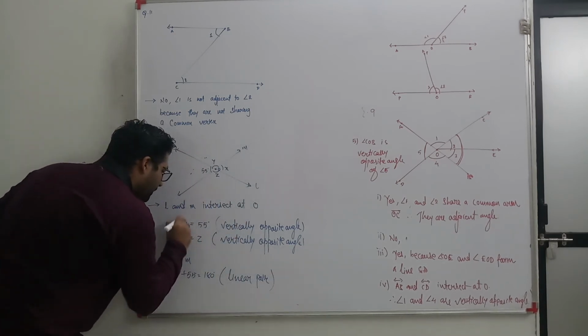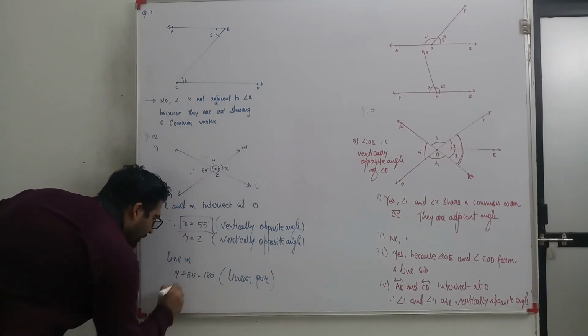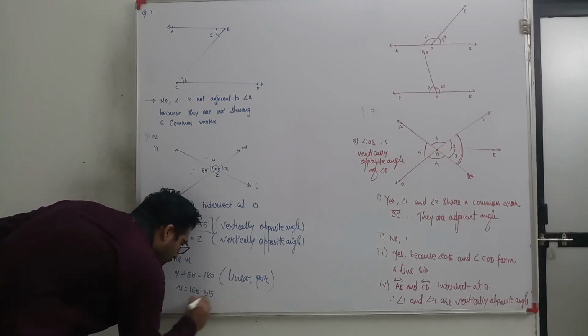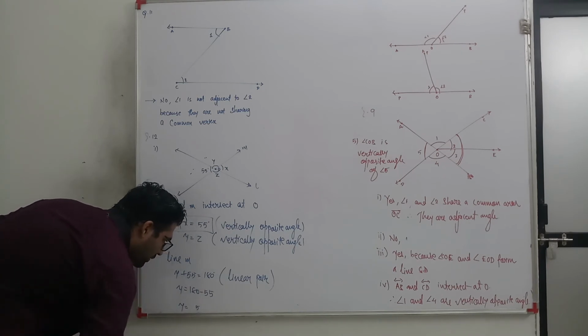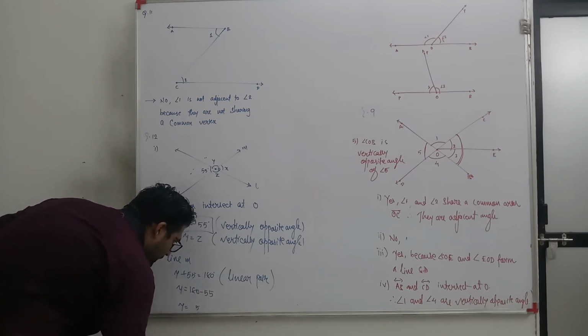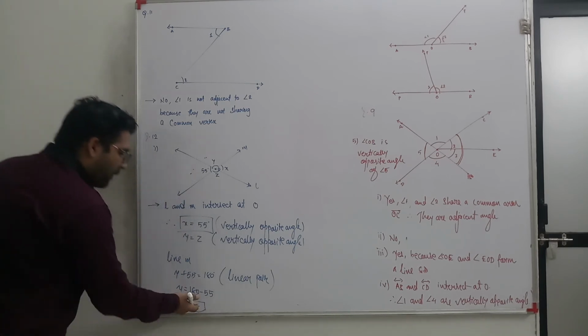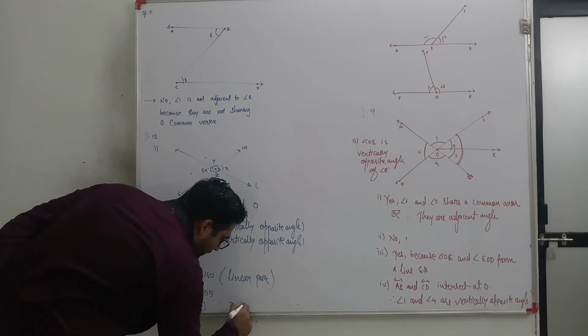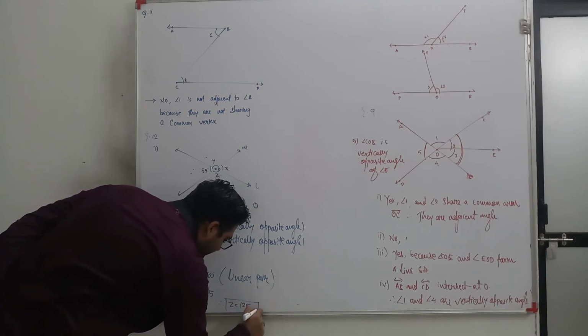And due to linear pair, y is equal to 180 minus 55. So 10 minus 5 is 5, and 17 minus 5 is 12. So 125 degree. If y is 125 degree, therefore z is also 125 degree.